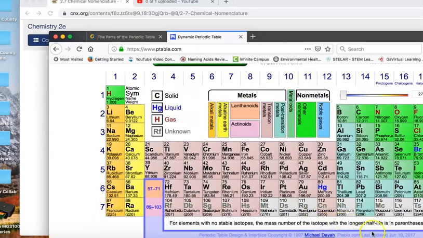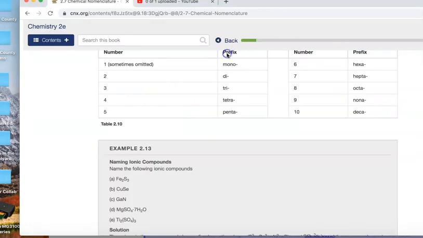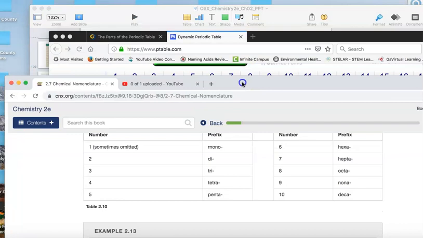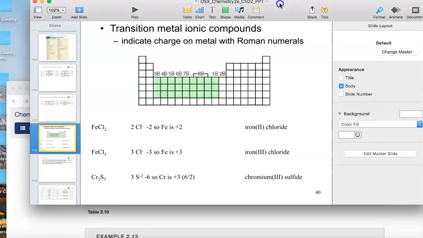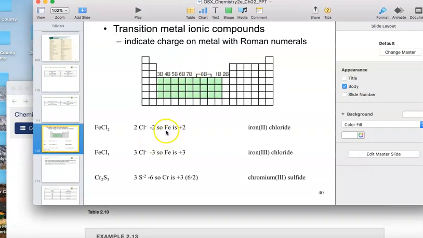So it is going to have to be balanced out by the metal. Here we go. All right, so here if chlorine has -1 charge, and there's two of them, so it's -2 charge overall. Because there's only one iron atom here, iron has to be +2.